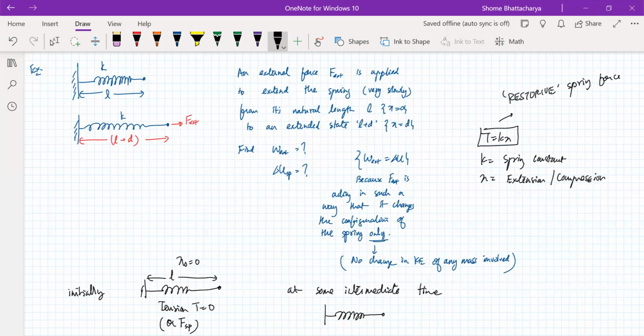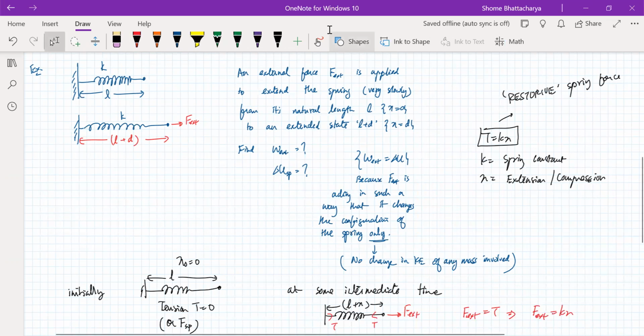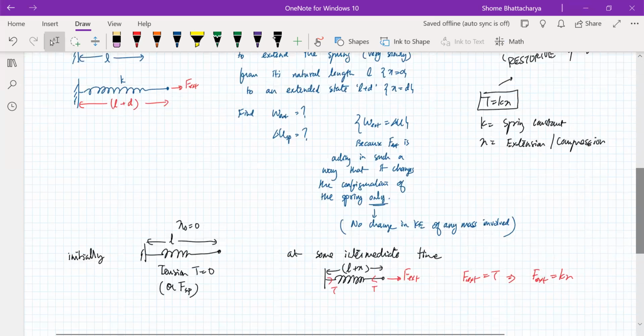Okay, so now at some intermediate time, let's say the spring is extended by x. So obviously, now there is some tension in the spring. So F external at this point of time is equal to the tension in magnitude. So F external is equal to Kx. Now, in a very short duration of time, let's say this is at time t equal to t.